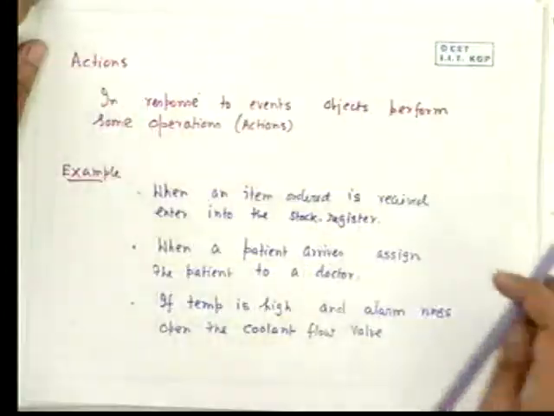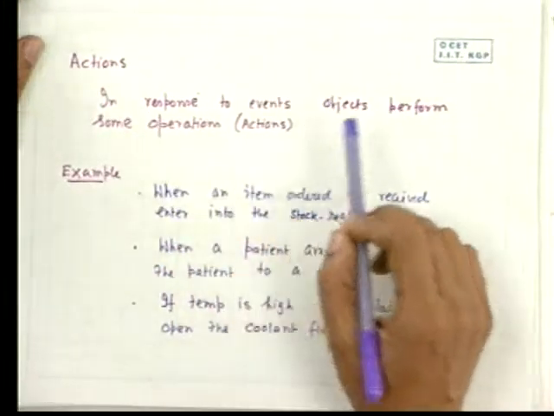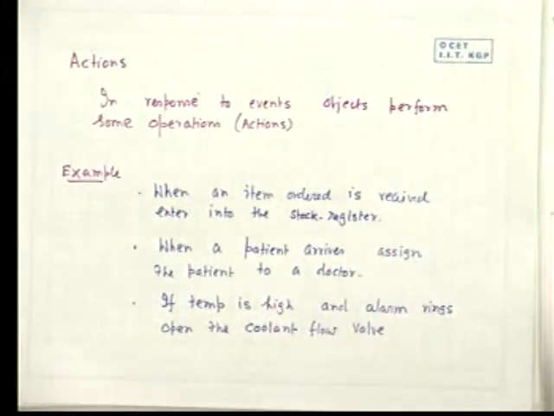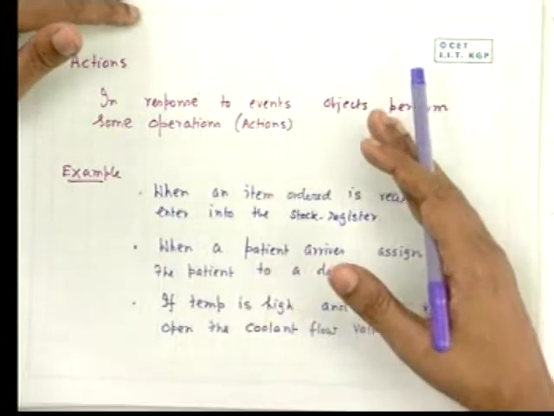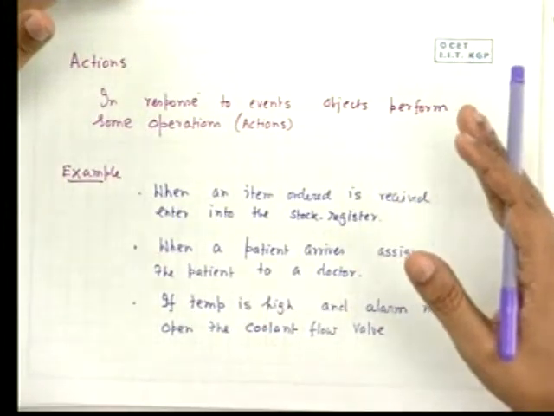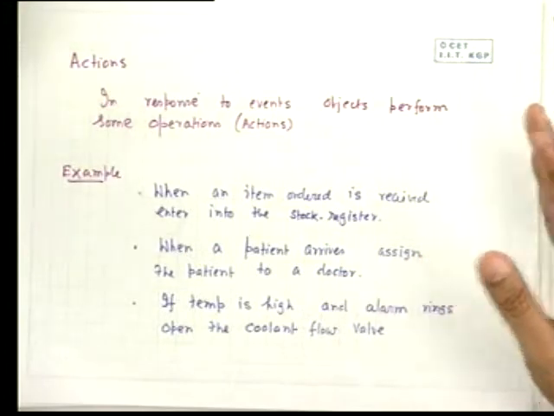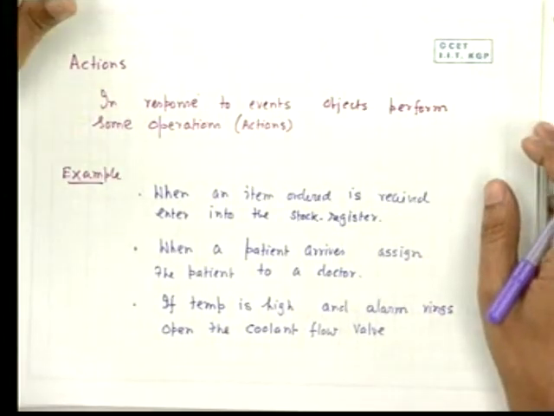In order to define the dynamic behavior of objects, it is desirable to also associate certain actions whenever such a transition takes place. That is, in response to events, when objects move from one state to the other, as a consequence some operations have to be performed.